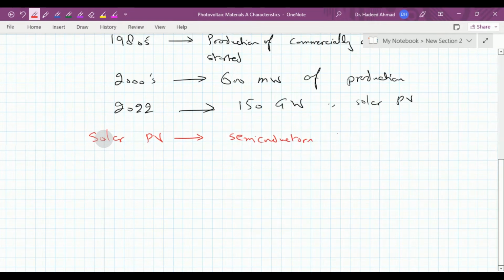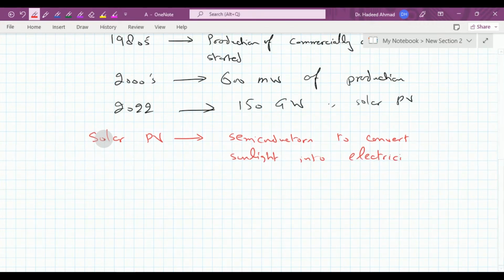For this, like all the other semiconductor devices that we used to study, pure crystalline silicon is the starting point. The starting point is silicon, denoted by Si, and it has an atomic number equal to 14.